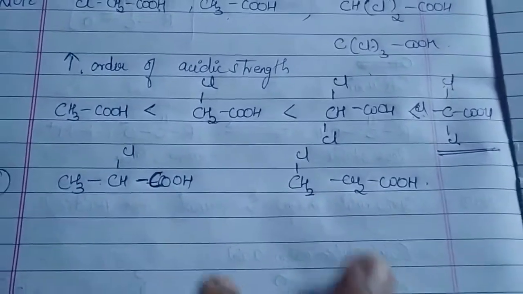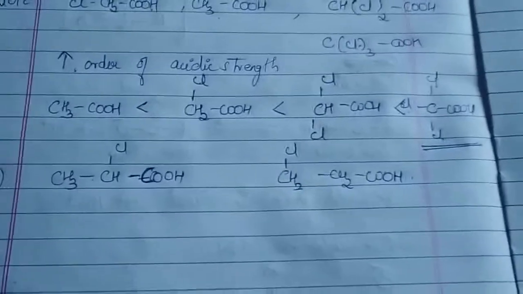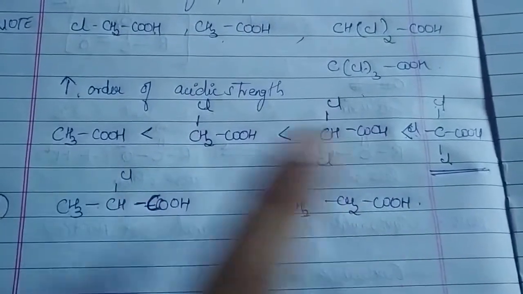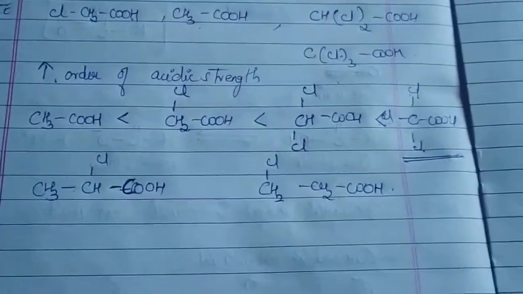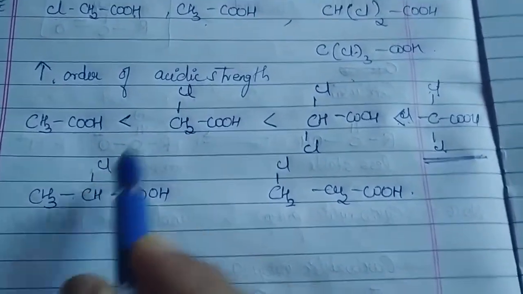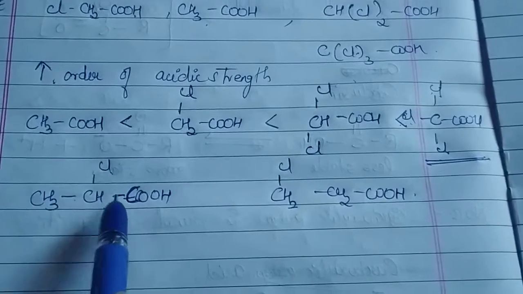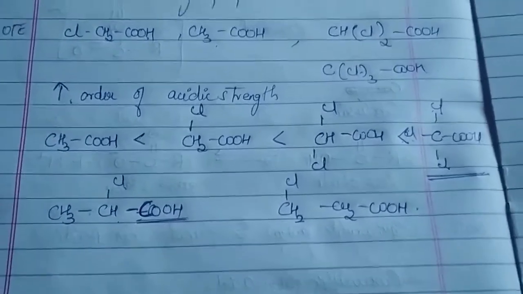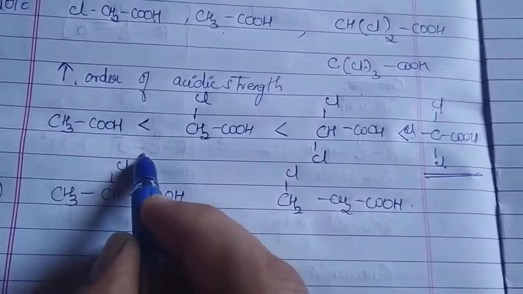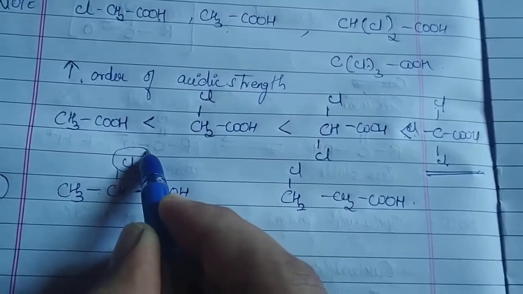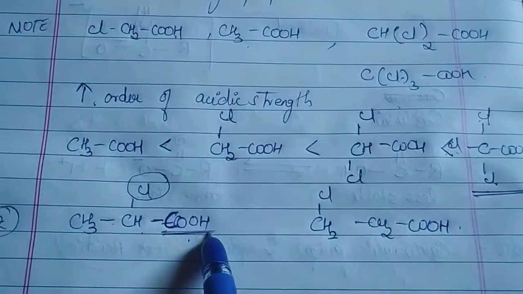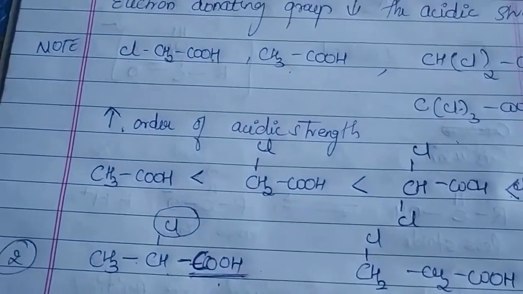I am asking you, which is highly acidic? Both are mono substituted, with only one electron withdrawing group. So how will you analyze this? Guys, remember, the closer the electron withdrawing group is to your carboxylic group, the more it increases the acidic strength.